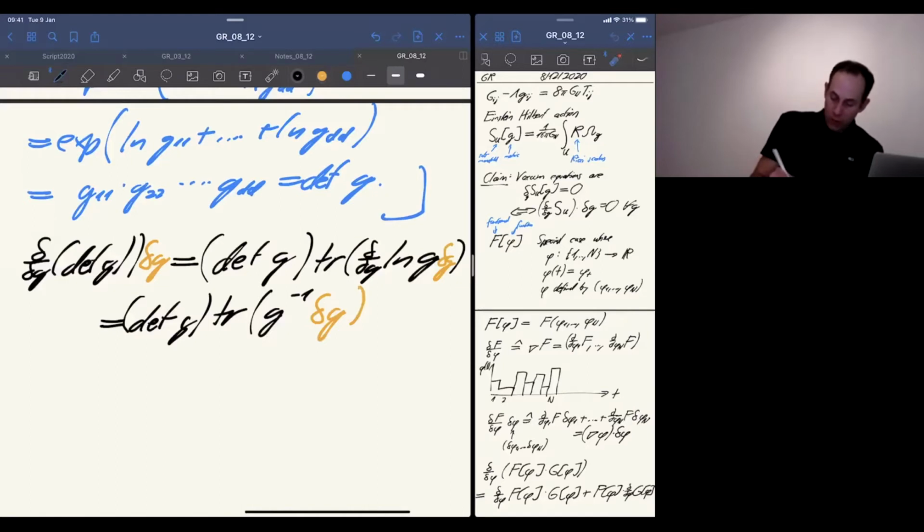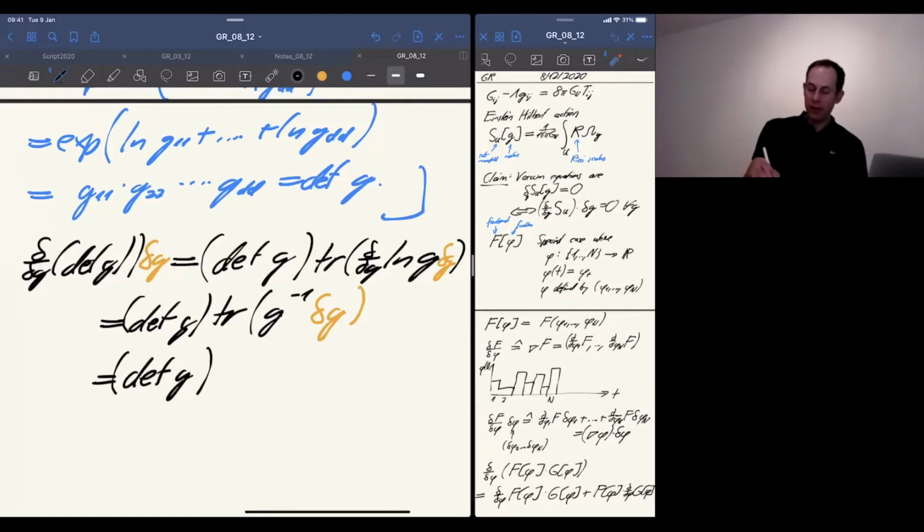And I could now, therefore, again return to the index notation. So what is this thing within the trace? Within the trace is the multiplication between two matrices, but if I take the trace of a multiplication between two matrices, then this really means that I essentially sum over both indices of the matrix.